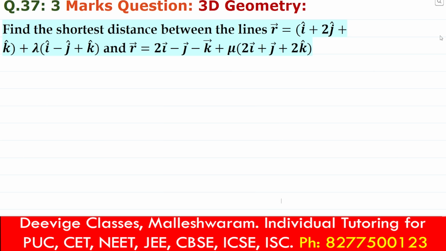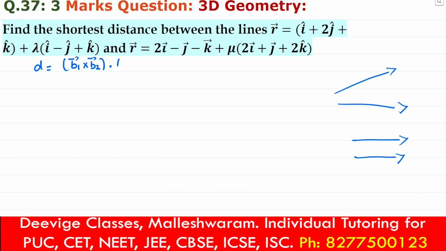To find the shortest distance between two lines, we have two types of lines: one is skew lines and another is parallel lines. For skew lines, we have the formula D is equal to (B1 cross B2) dot (A2 minus A1) divided by the magnitude of B1 cross B2.